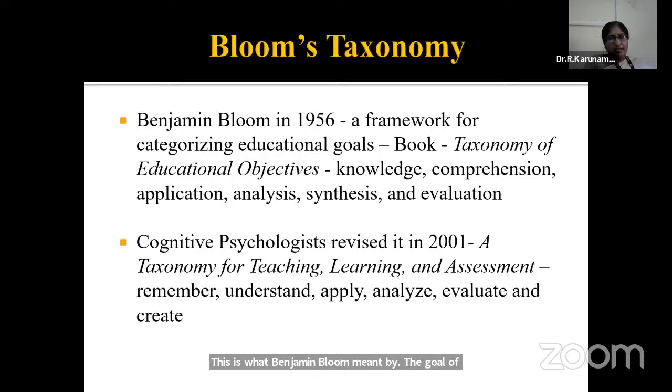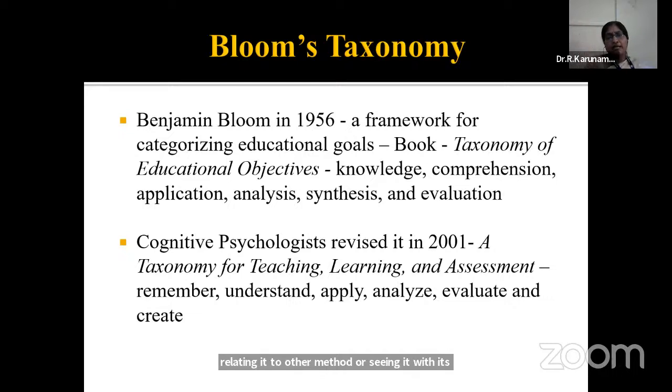The next one is comprehension, and comprehension refers to a type of understanding or apprehension such that the individual knows what is being communicated and can make use of the material or idea being communicated without necessarily relating it to other material or seeing it in its fullest implication.